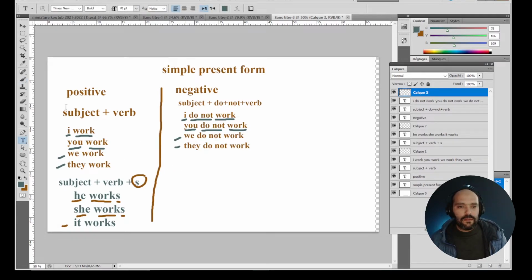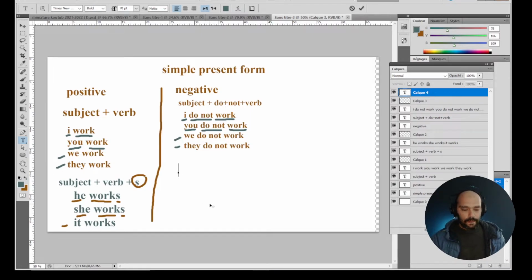And the same of positive, we have some change with he, she, it. We form like this: subject plus, instead we say do, here we say does. Okay, plus not plus verb.